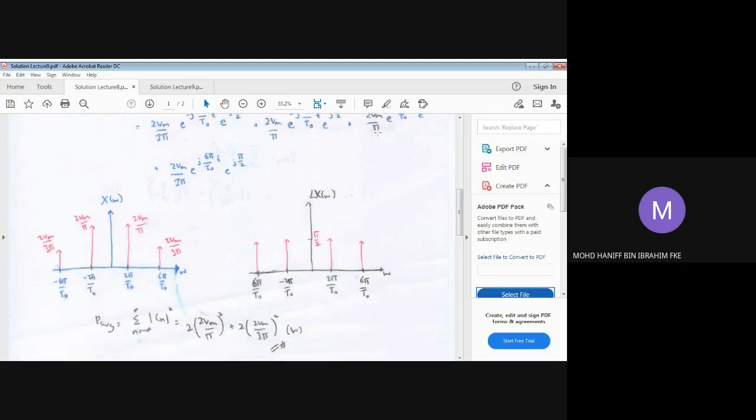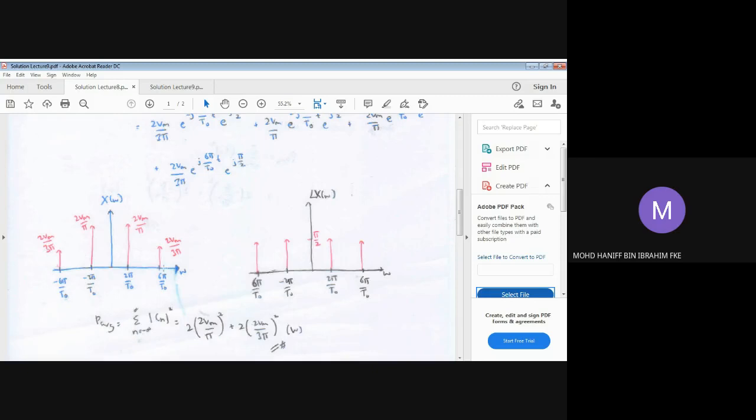And following this, this is where the average power comes in. We know that these are the amplitudes of the spectrum, the Fourier coefficients. To calculate the average power, we need to use these amplitude values. Since we have two values which are the same, 2 Vm over pi, straight away we can say that the average power will be the summation over n of Cn squared from negative infinity to positive infinity.